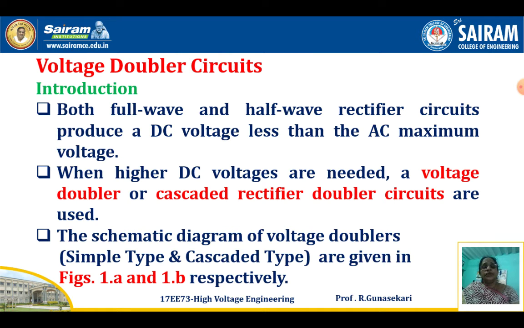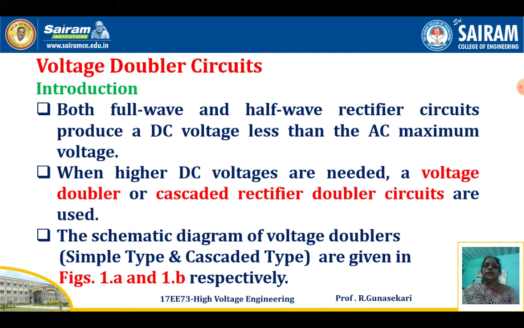In the last lecture video we studied about the full wave and half wave rectifier circuits, which are used to produce DC voltages. But both full wave and half wave rectifier circuits produce a DC voltage which is less than the AC maximum voltage.